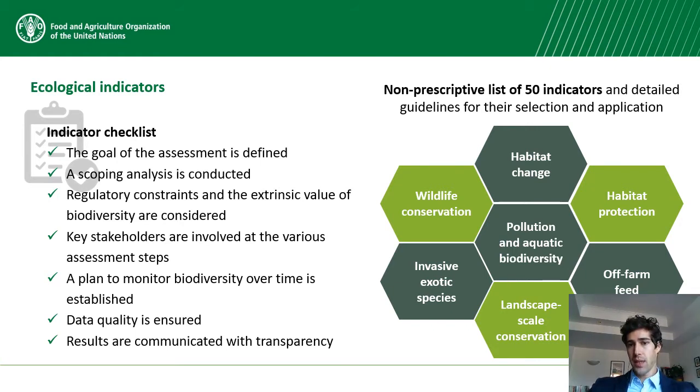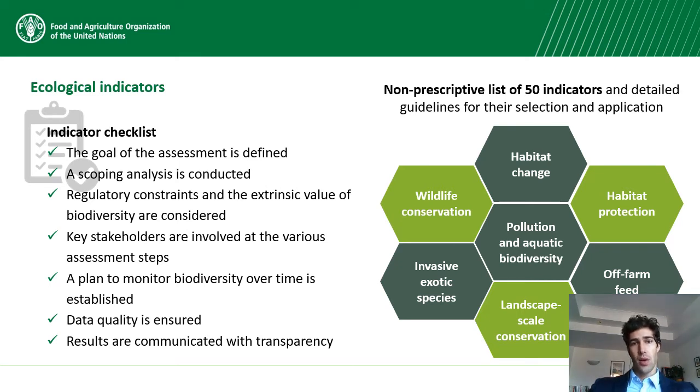There are 7 categories for those indicators, and you can see that 3 of those reflect positive impacts: wildlife conservation, habitat protection, and conservation at the landscape scale, while the other 4 are more related to negative impacts: habitat change, pollution, off-farm impacts, and invasive species.